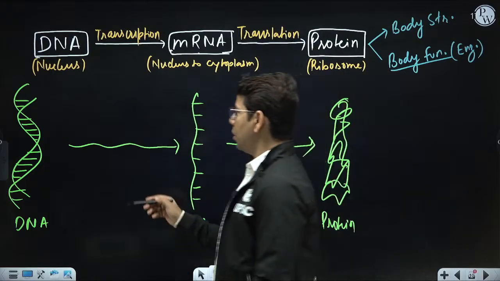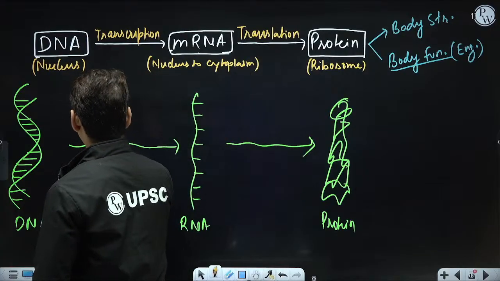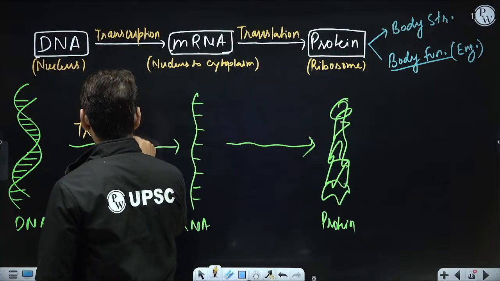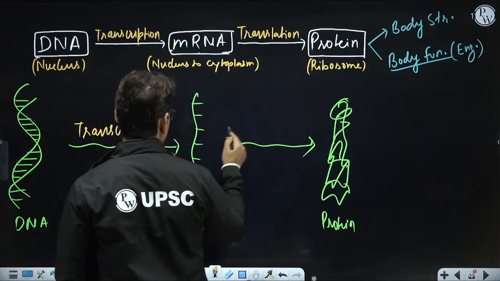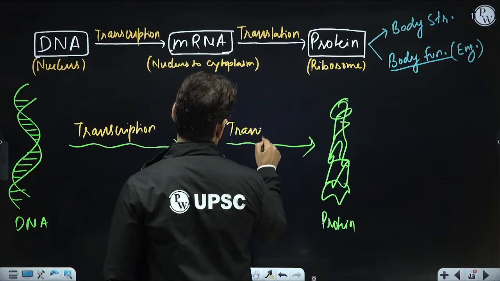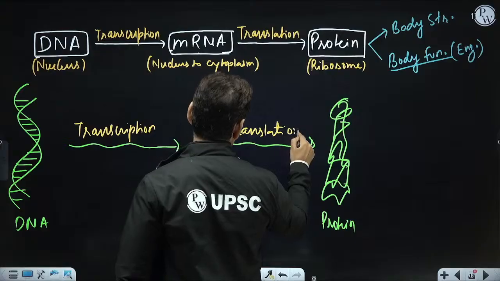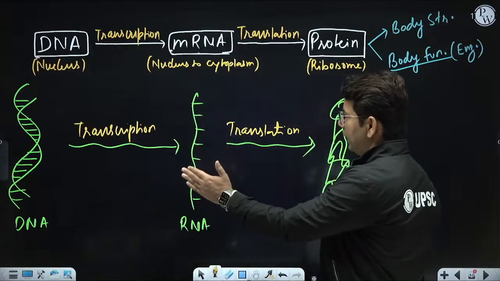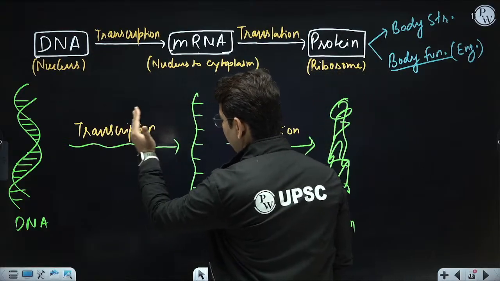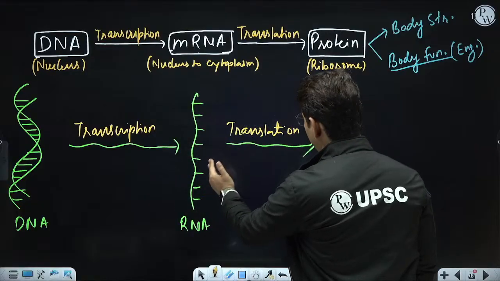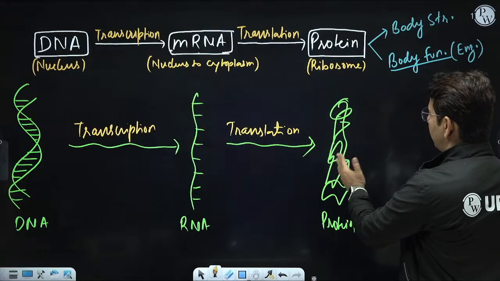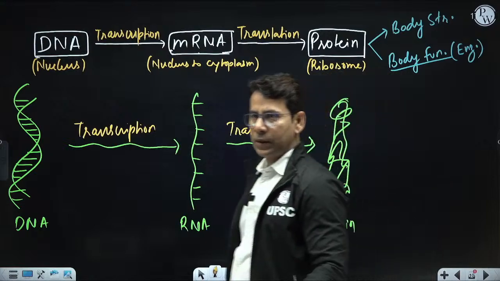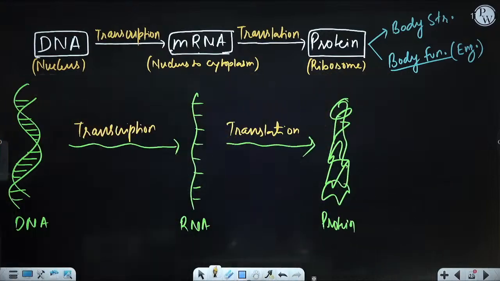This is your transcription, and this is your translation. It's simple: the DNA is giving all the information to RNA, and RNA is carrying this information to the ribosome to make protein. Right? So first of all, you draw it. Then I'll take it to the next thing.